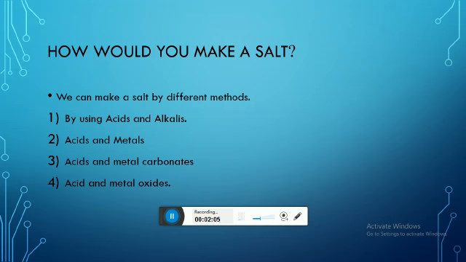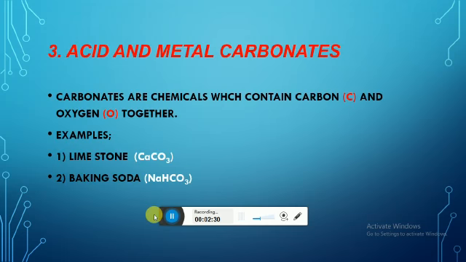So before discussing how the reaction will be, definitely we have to know about metal carbonates. What are metal carbonates? After discussing the metal carbonate, we can understand what the reaction would be. Now the point is the third method, which is acid and metal carbonates.